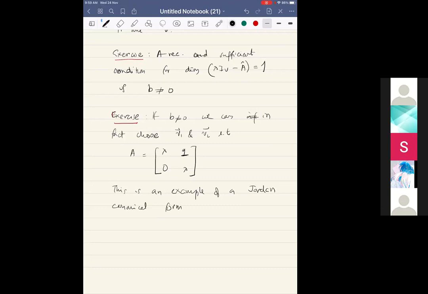Which we will study in general later. I hope this answers the question that was raised before. The characteristic polynomial does not determine the matrix up to similarity.